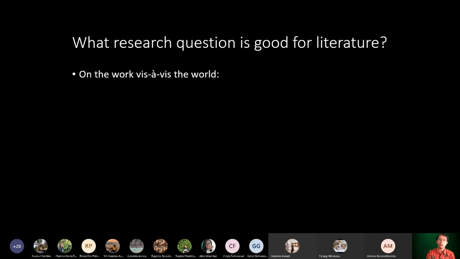Now I want to give you a more specific set of questions that you can pose. The question can be related to the world or the universe in relation to the work. Vis-a-vis means in relation. So it can be a question on the work in relation to the world or the universe in Abrams' article that you have read.